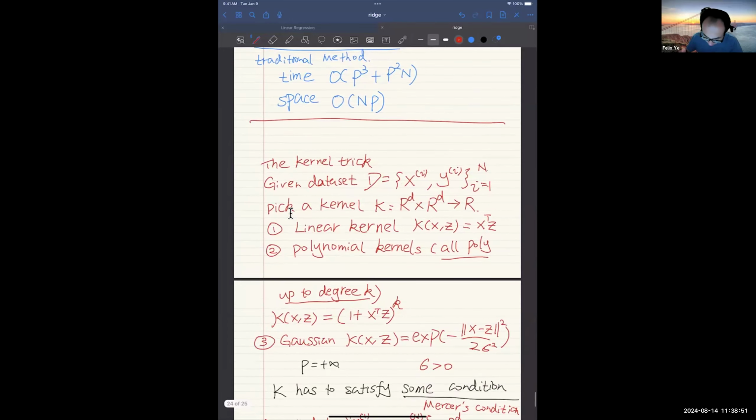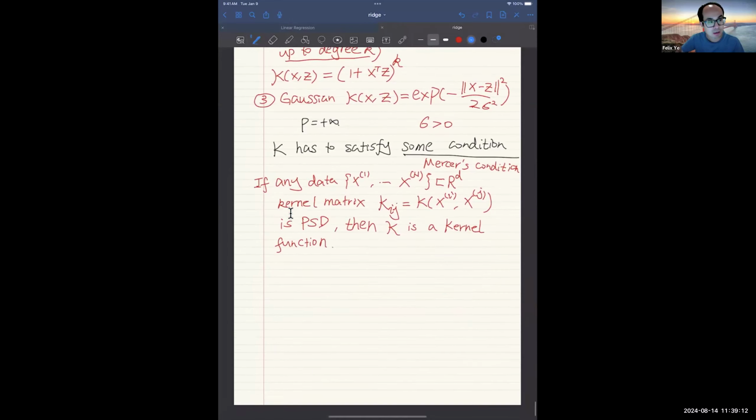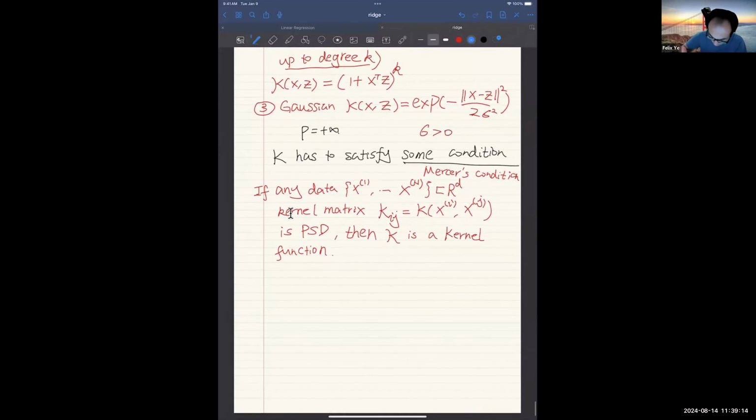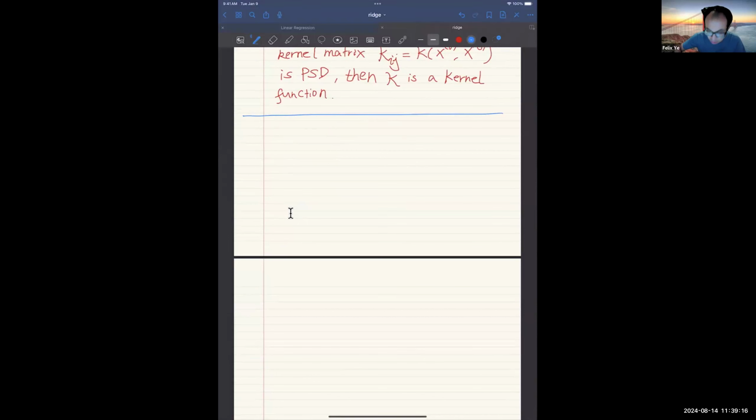Okay, let's go back. Given a data set, we pick a kernel. It can be an arbitrary kernel as long as K_ij, when we plug in x_i and x_j, gives a positive semi-definite matrix. Then we pick a choice of loss function.